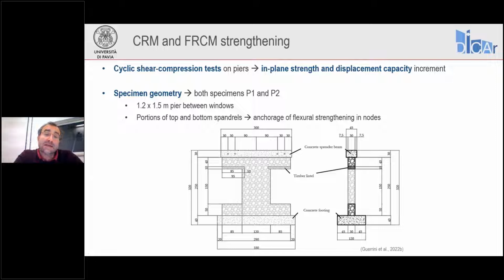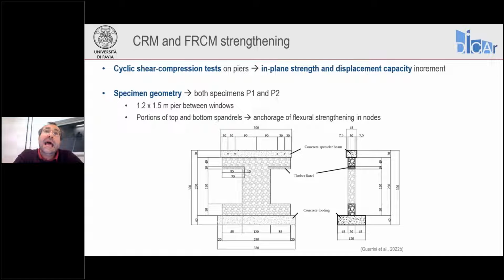The specimens included, for both cases of CRM and FRCM strengthening, a 1.2 by 1.5 meter pier, and also portions of the top and bottom spandrels, because we wanted to be able to anchor the CRM and the FRCM materials within the nodal regions between the pier and the spandrels, so to exploit them and explore their effect also on the flexural response of the pier.